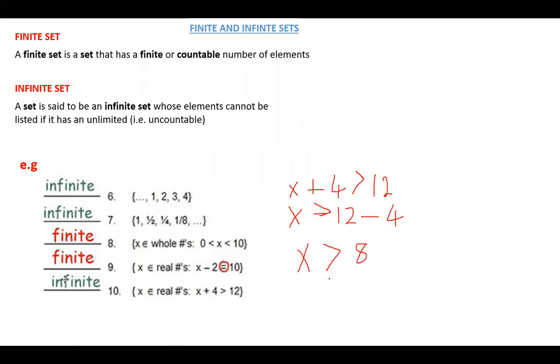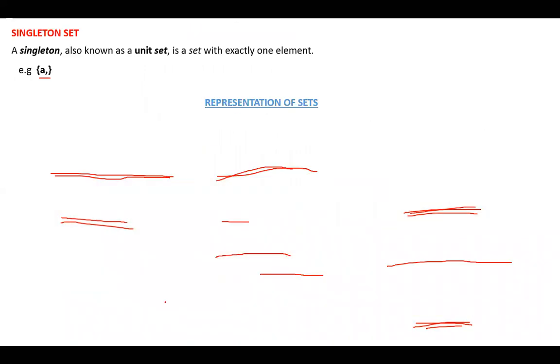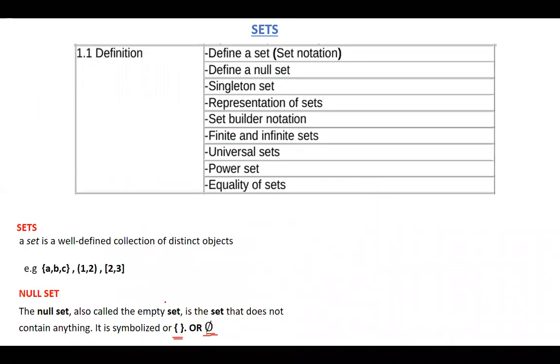So now, what this simply means is that we've been told x is a member of real numbers. This can also be written as this one. Since we're talking about real numbers, remember what I said on the previous slide: when you see these kinds of sets, just know that you're dealing with real numbers.